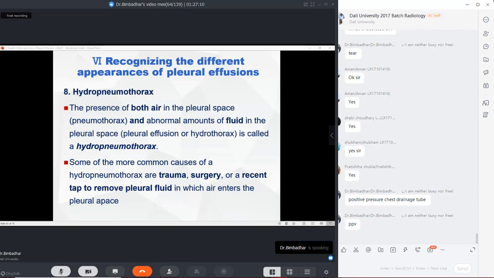Okay, we call it PPV, positive pressure ventilation. Right? So I have inserted a chest drainage tube, and during this procedure the air has entered down into the pleural cavity. And then traumas, yes, in case of a piercing or penetrating trauma, or in case of a surgery, yes, you will have a hydropneumothorax.